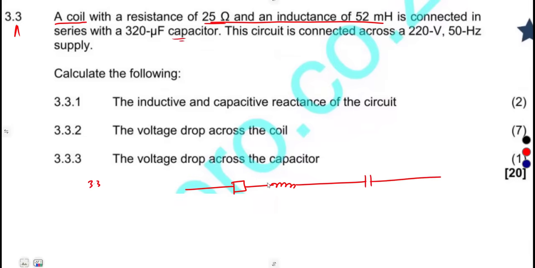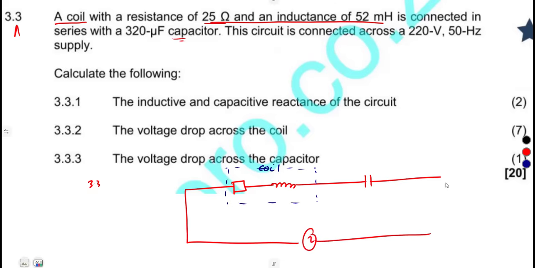So this whole part here is representing what? Is representing our coil. All right, so this whole combination is connected to an alternating voltage, like that. So here the resistance is 25 ohms, and the inductance, our L, is what? 52 millihenries.